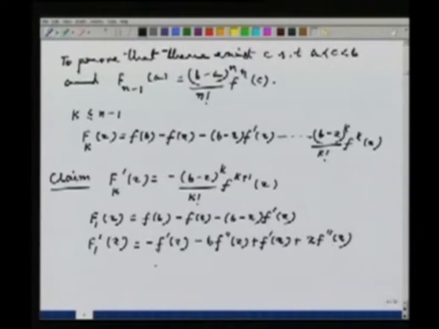If I cancel terms, what I get is minus (b minus x) times f double prime(x). This precisely matches the claim which I have written for k equal to 1.